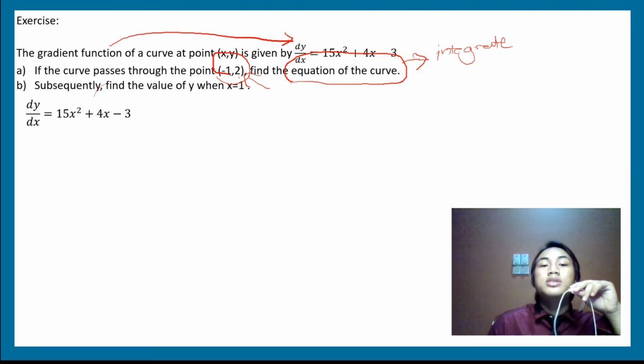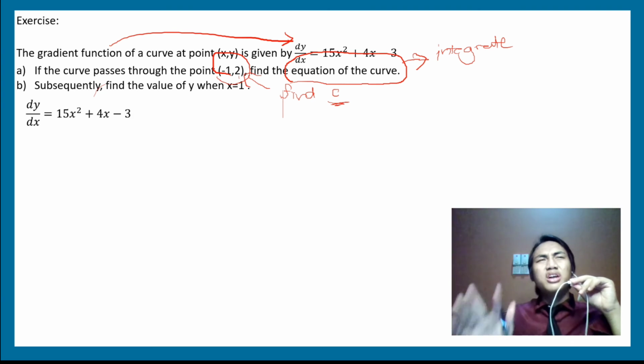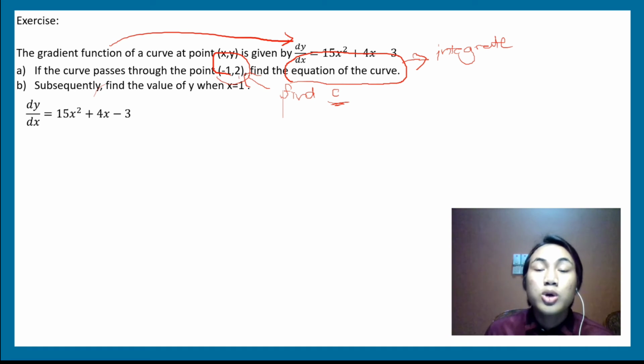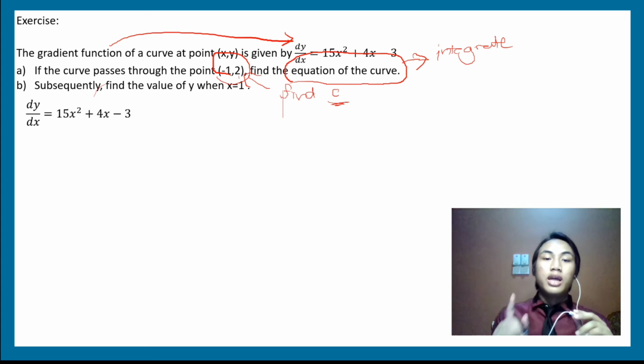It must be stated because the point here gives you a hint that you have to find the value of C. Find C. All right, so B. Subsequently, find the value of y when x equal to 1.